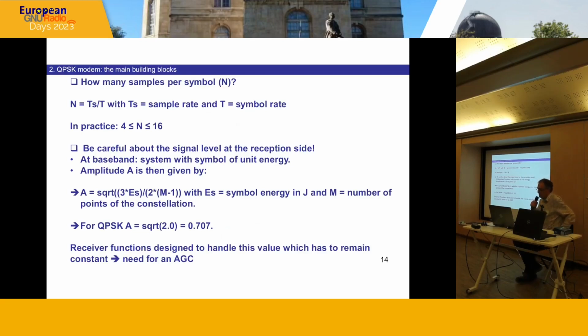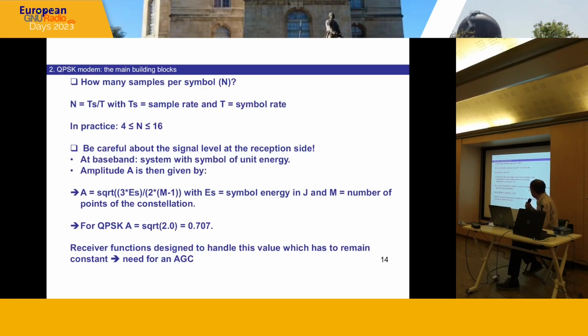Another important thing when you go for implementation, it seems to be obvious: on devices like this one, you've got an automatic gain controller on the electronics, but it's not enough. You also have to perform an AGC at baseband.